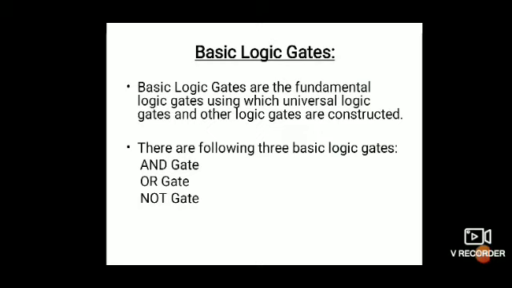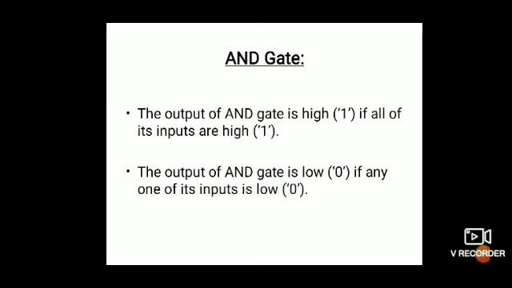So first, basic logic gates. Basic logic gates are the fundamental logic gates using which universal logic gates and other logic gates are constructed. There are following three basic logic gates, which are AND gate, OR gate, and NOT gate.